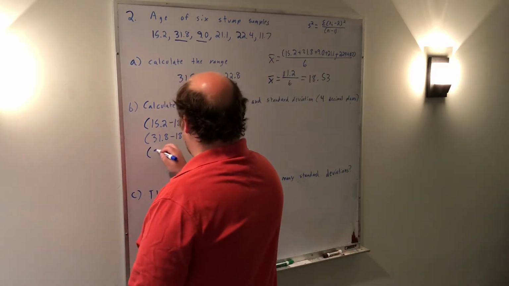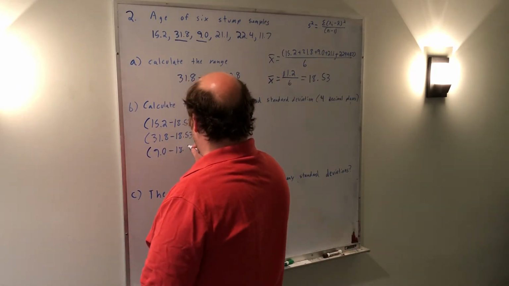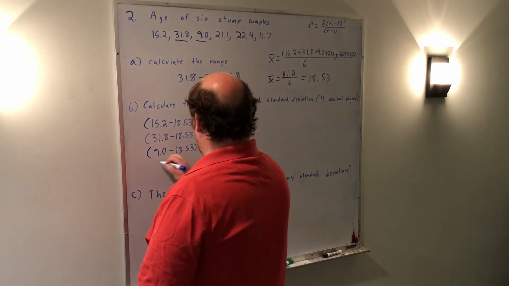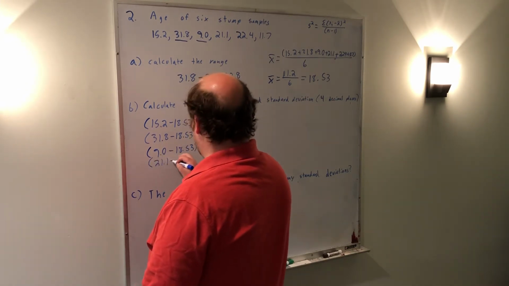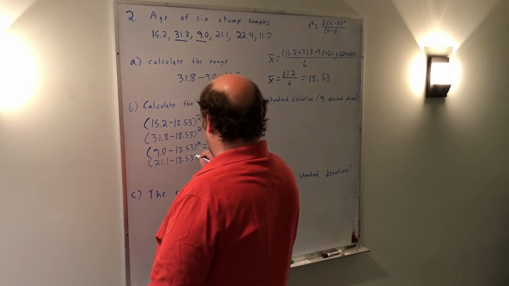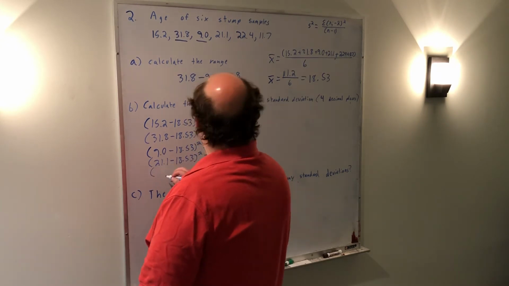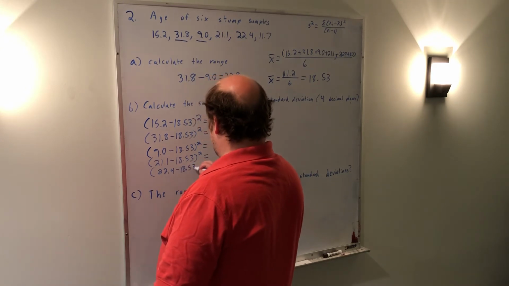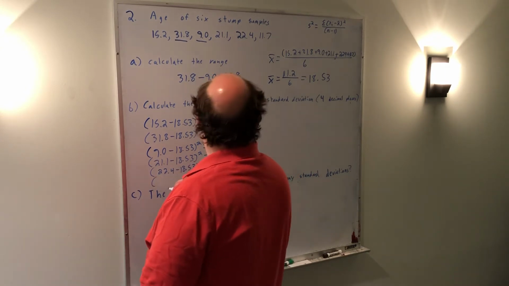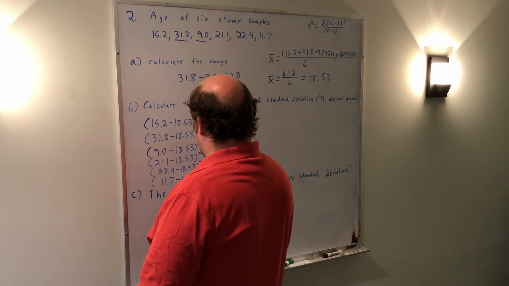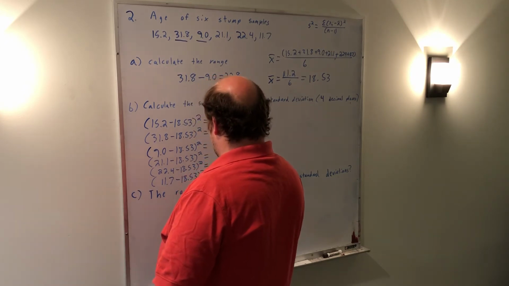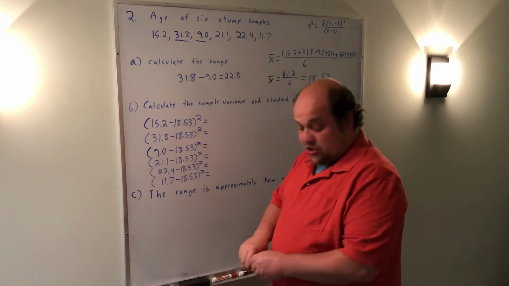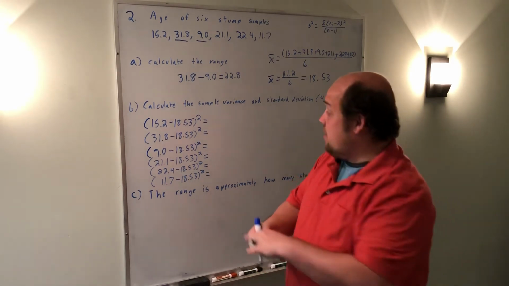Continuing on, I need to do 9.0 minus 18.53, square the result. Then I need to do 21.1 minus 18.53, square the result. Then I need to do 22.4 minus 18.53 squared. And finally, I need to do 11.7 minus 18.53 squared. So I want to make sure that my calculator is doing the heavy work here.